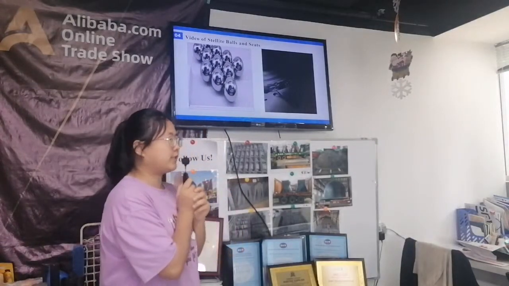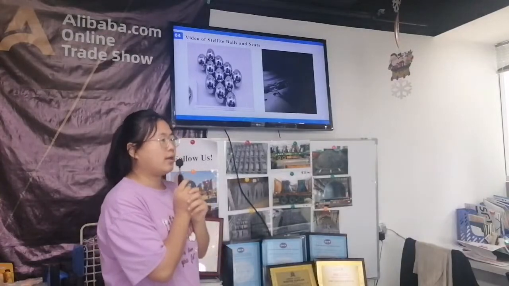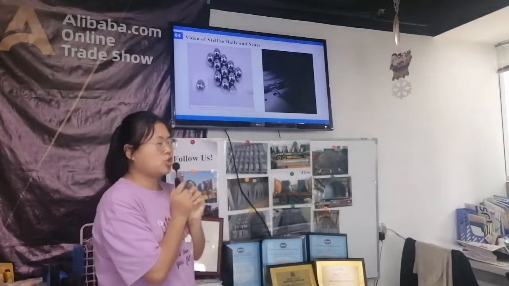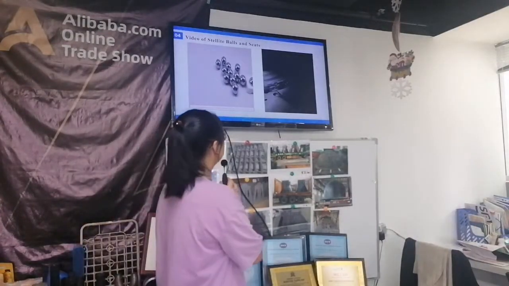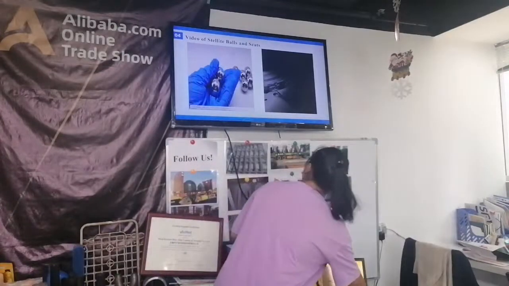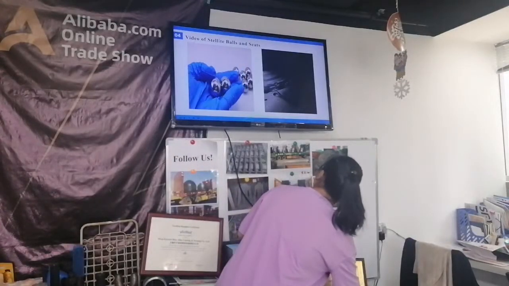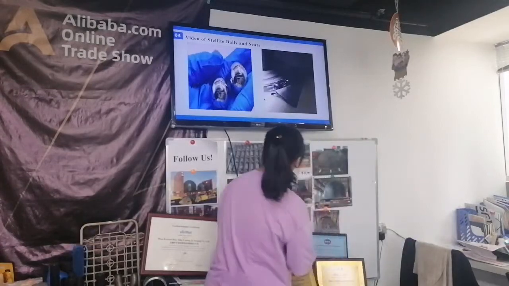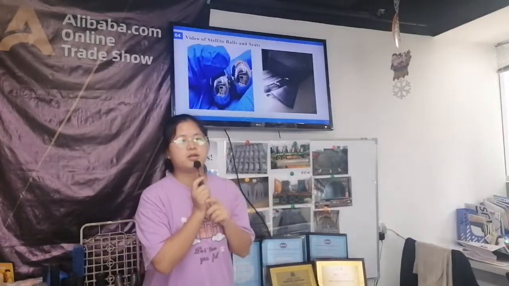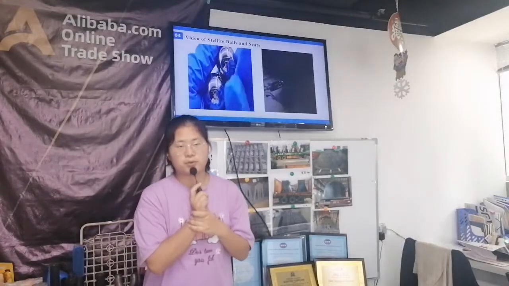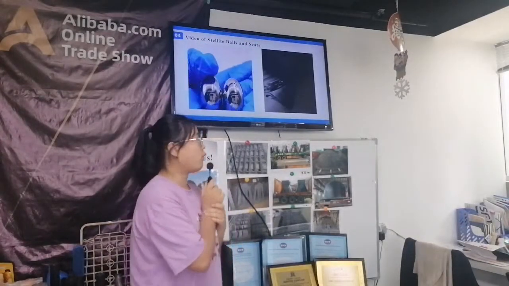The material is stain line 20 and the surface is G100. Next video is process for stain line boards.